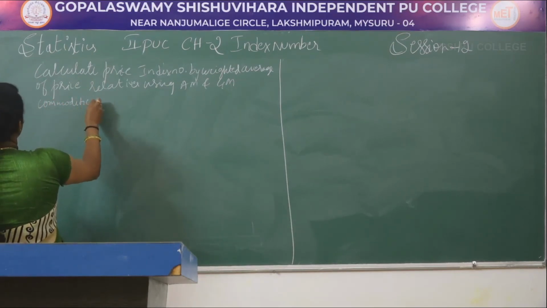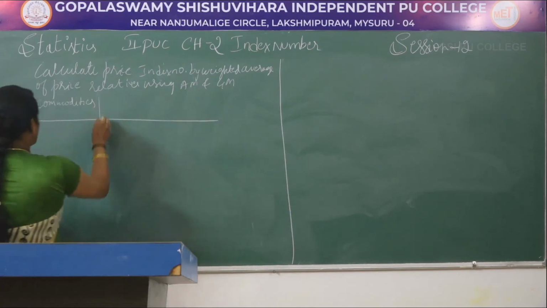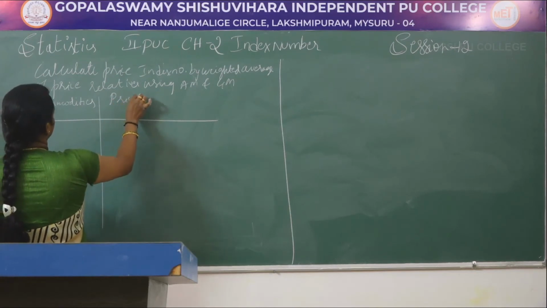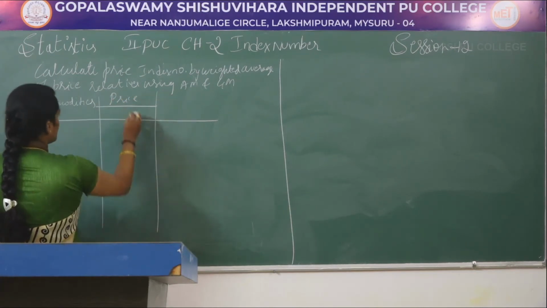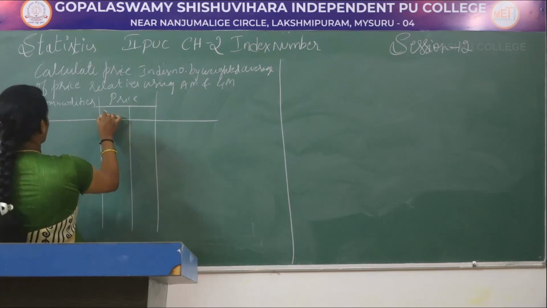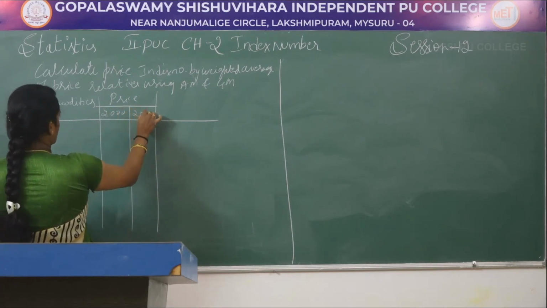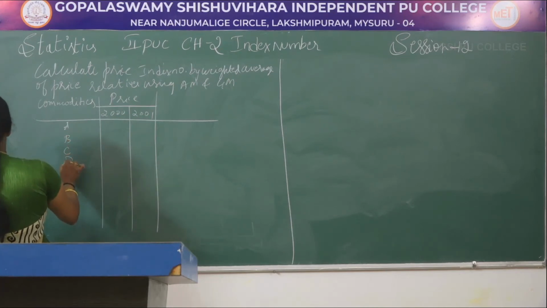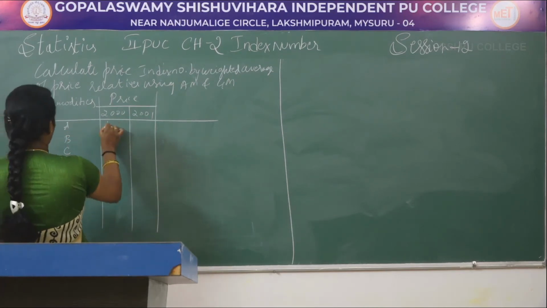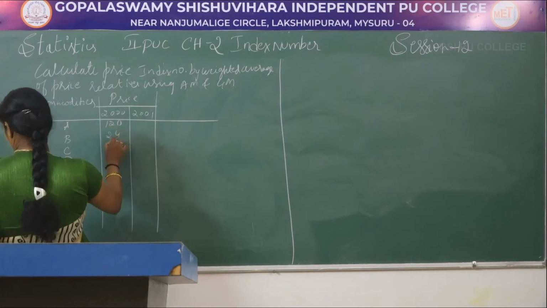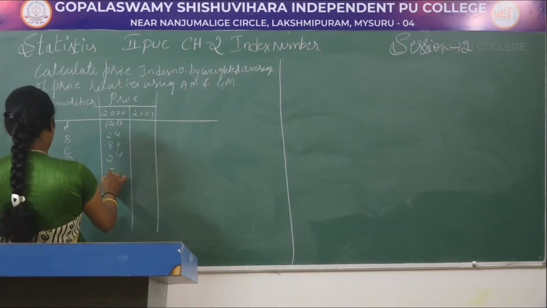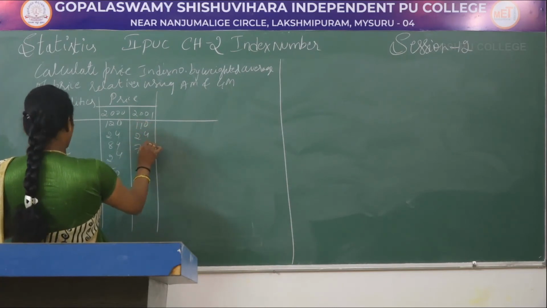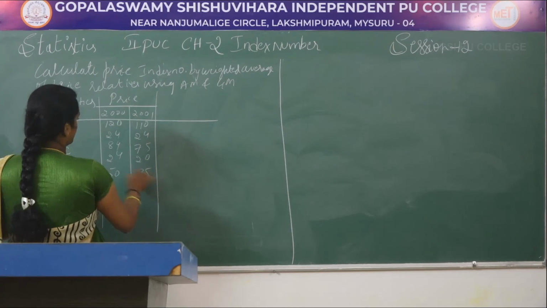Commodities, next price, 2000, 2001. It is A, B, C, D and E. 120, 24, 24, 24, 50. 110, 24, 75, 20, 35.